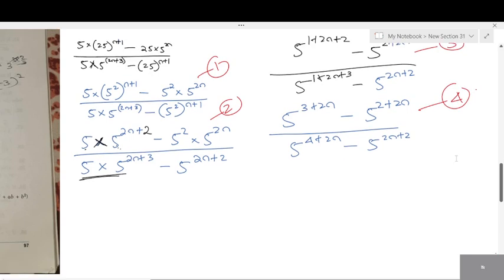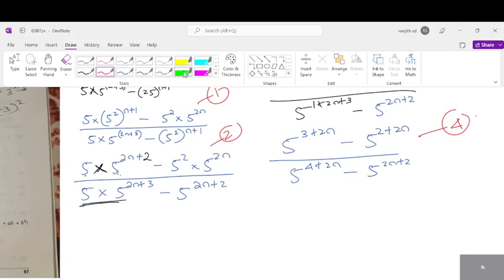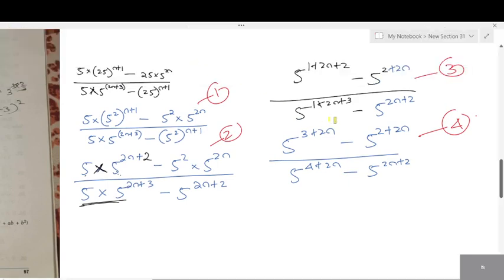Shall we try the fifth one? See here, students, here it should have been 3 plus 2n. In your paper, you all would have written 2 plus 2n, I think. Only these three steps are wrong. Other things are fine. Only these three are wrong.